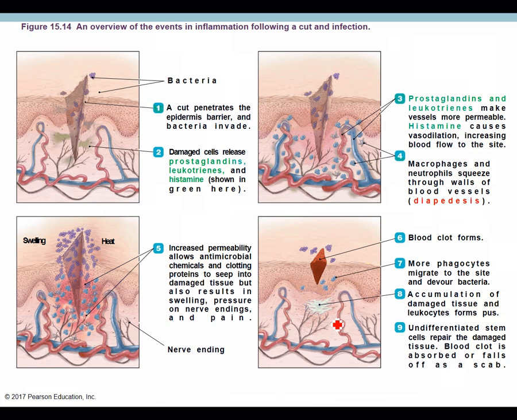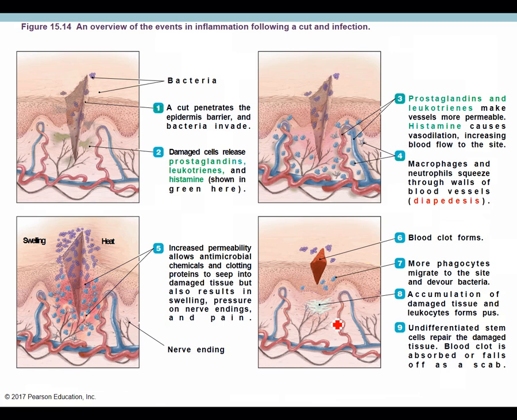And so the prostaglandins and leukotrienes make the vessels more permeable, and the histamine causes the dilation. So they get wider to allow more blood flow. And all of that together improves the delivery of important cells to that site.